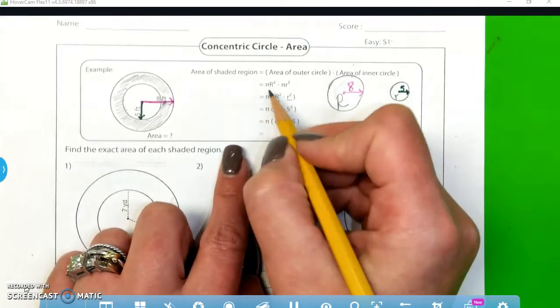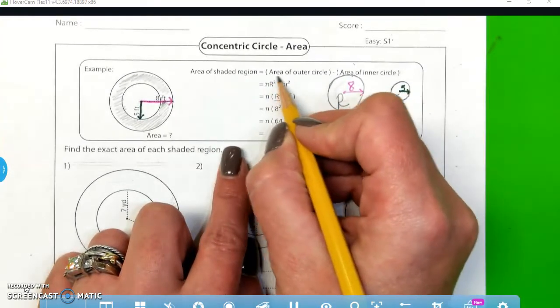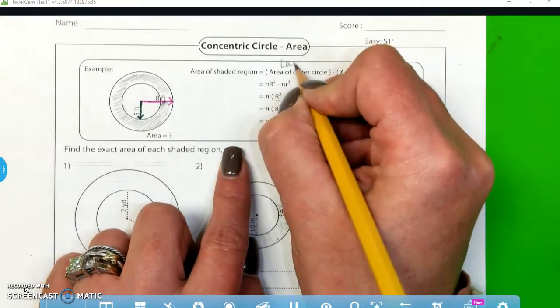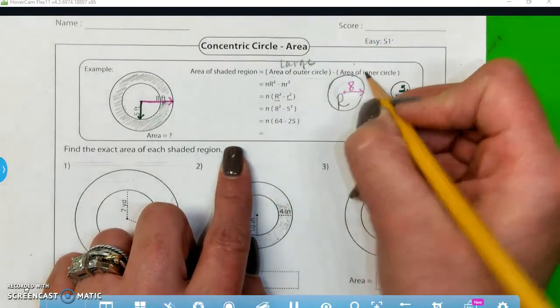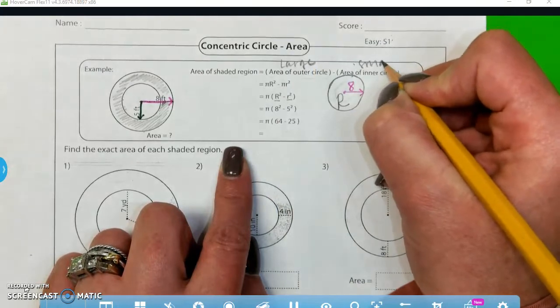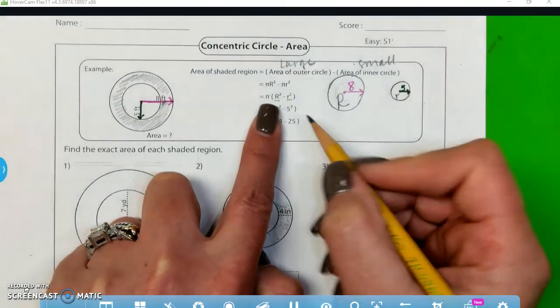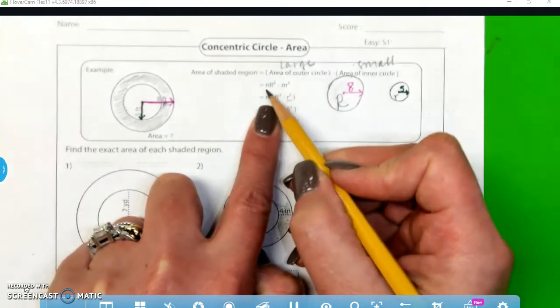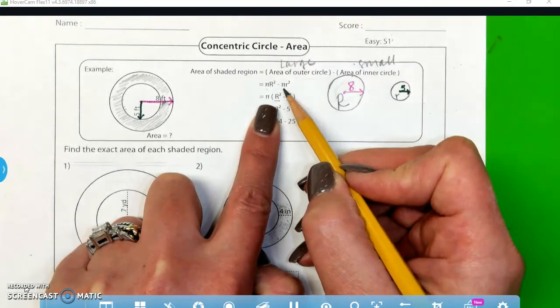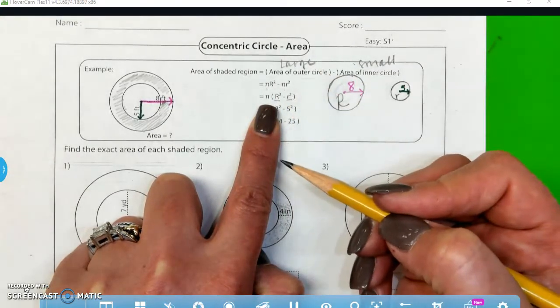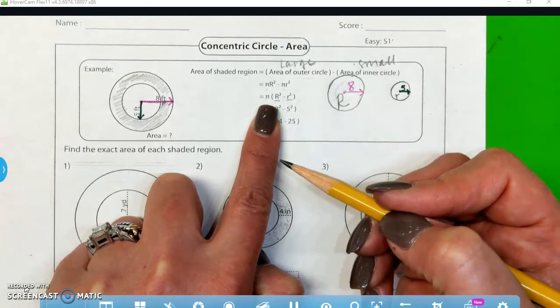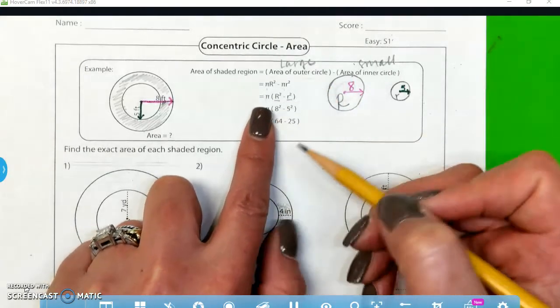So this is the area of the outer circle, minus the area of the small circle. Both times, you are multiplying by pi, but we can simplify this and multiply by pi only one time.